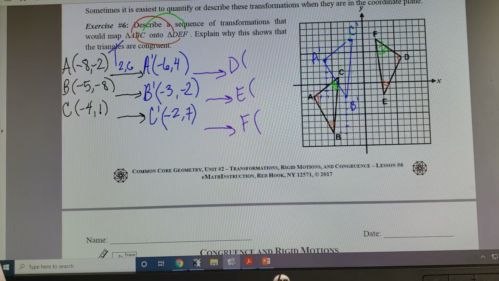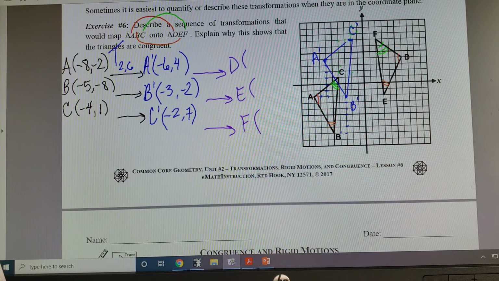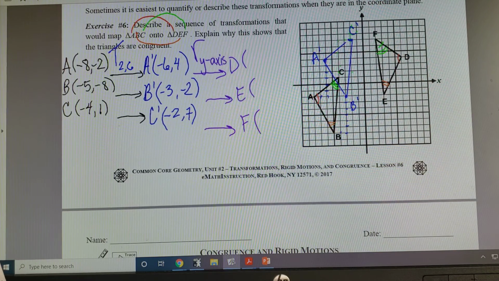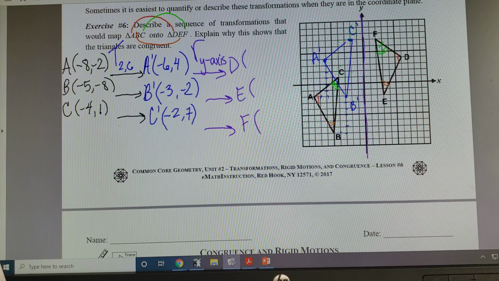So how am I going to get that triangle to fall on top of the right triangle? Reflection. Reflection over where? The y-axis. Very good. Oh my gosh, Casey, I love teaching you. You are so smart. So lowercase r is reflection, subscript y-axis. So I'm going to reflect over this line, and that will definitely work.